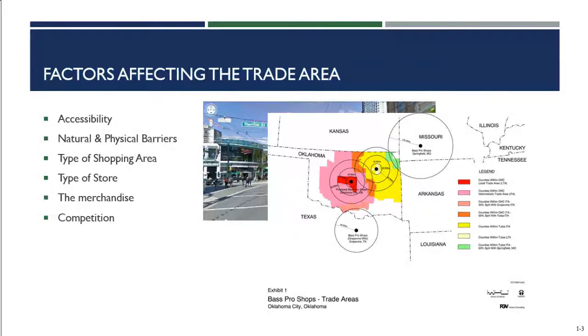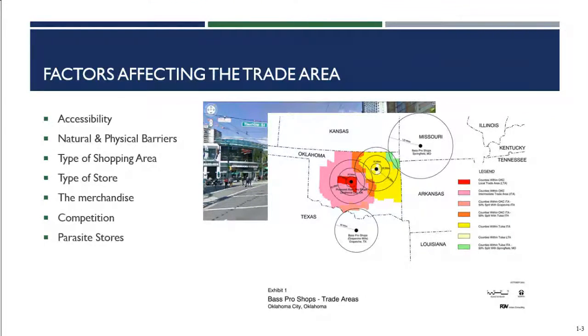Merchandise and competition can also impact the trade area. The type of merchandise you sell, similar to the type of store, if you sell something that can't be bought anywhere else, people might be willing to drive a little further to get to you. Competition, if they can drive closer to get to competition, they might do that. And the other thing that impacts your store is a parasite store.